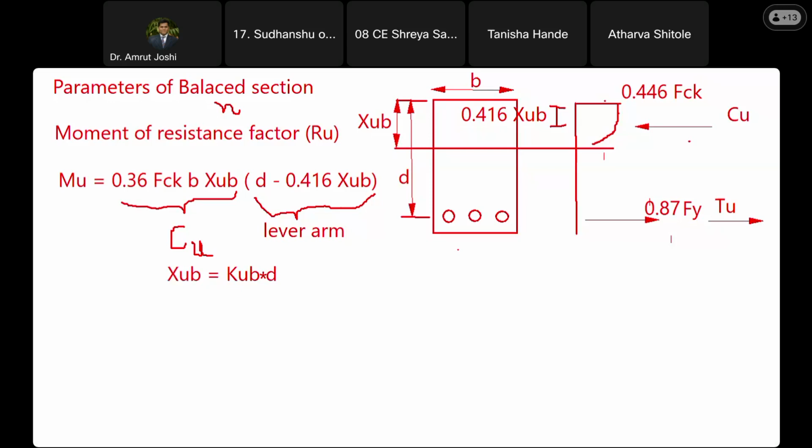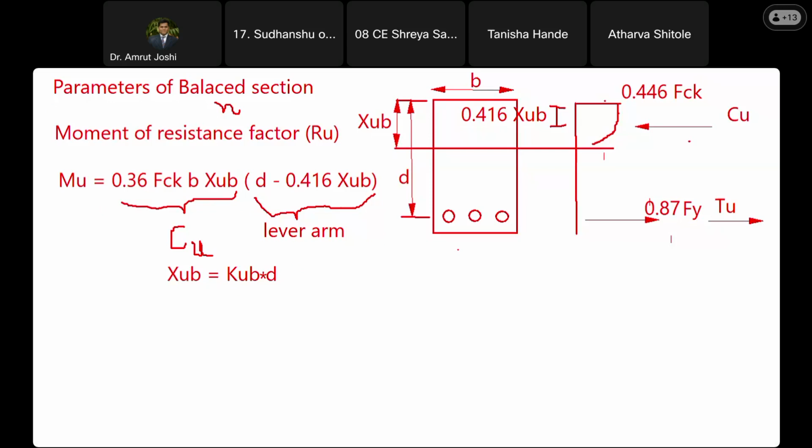So let me substitute this value in the value of Mu. Once I substitute this value here, what happens? This expression becomes 0.36 fck b kub into d, then d minus 0.416 kub into d. I can take d common, so that d comes outside and gets multiplied by the other d and becomes d square. So let me rewrite this expression.